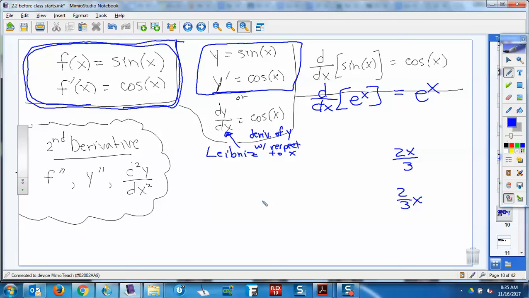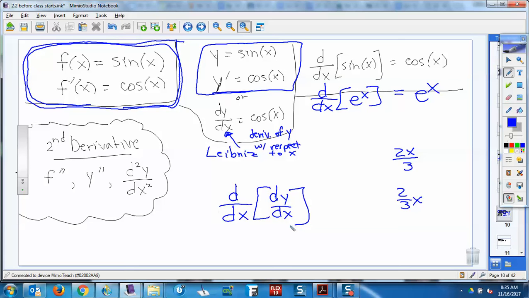The second derivative is the derivative of the derivative, right? If you think of it that way, you can kind of see why it's d squared y over dx squared. You've got to see where that comes from.